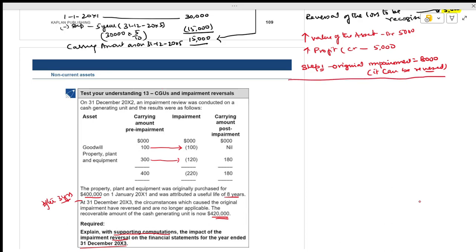Okay, now solution. Point number 1, goodwill impairment cannot be reversed.